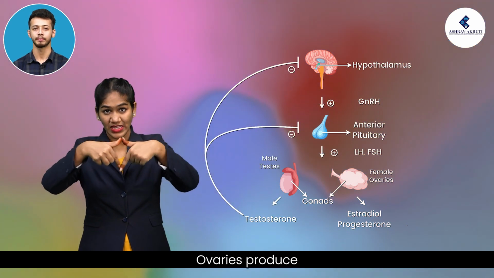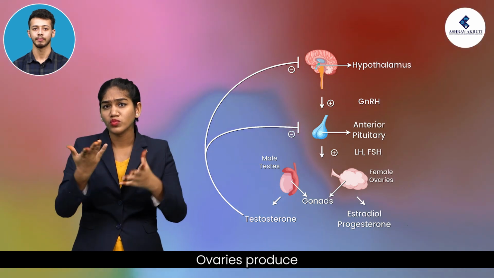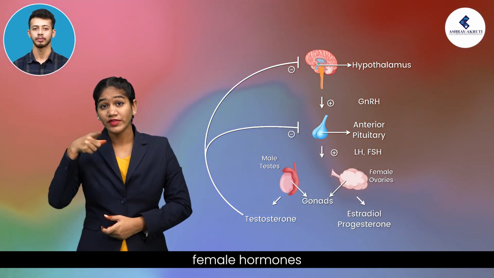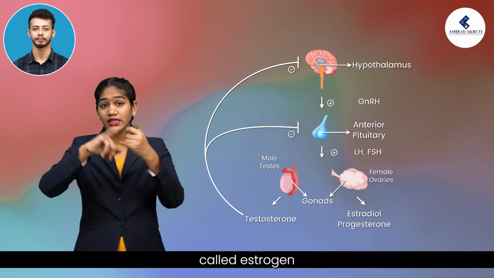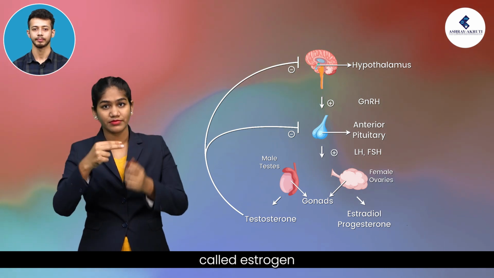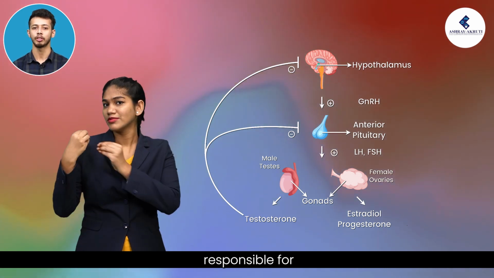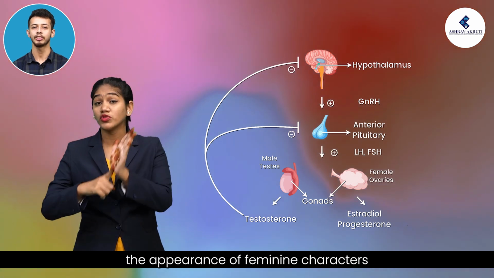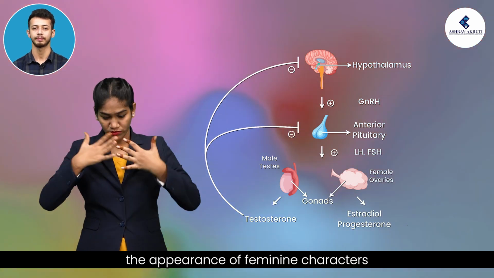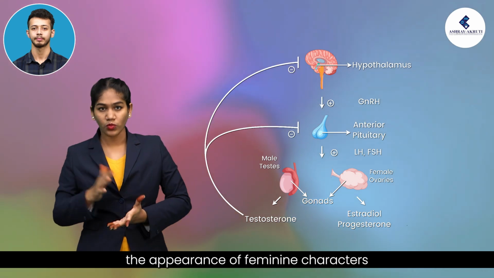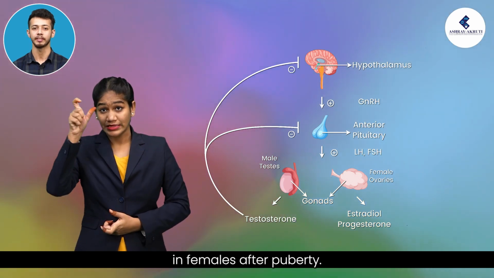Ovaries produce female hormones called estrogen, responsible for the appearance of feminine characters in females after puberty.